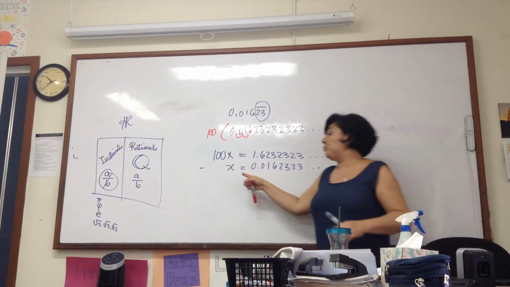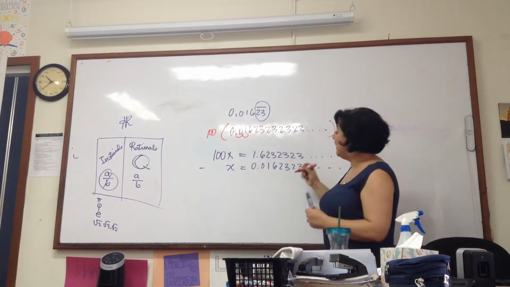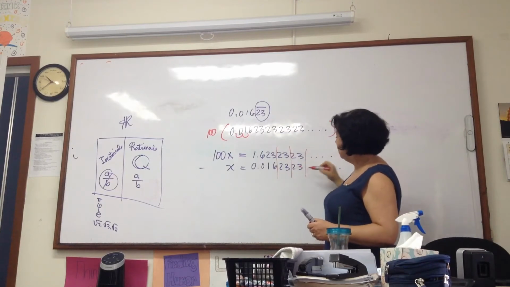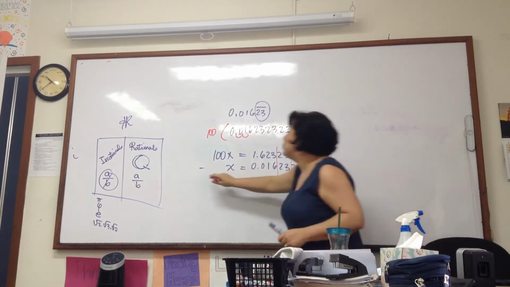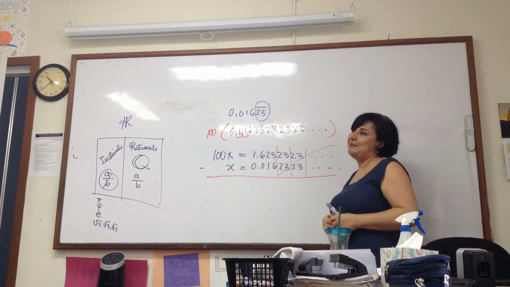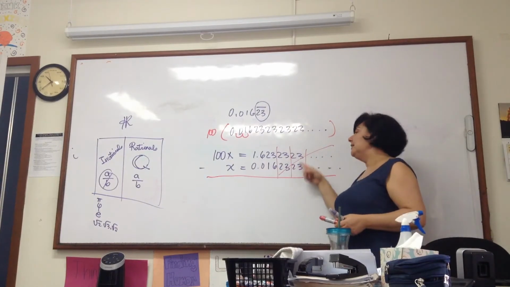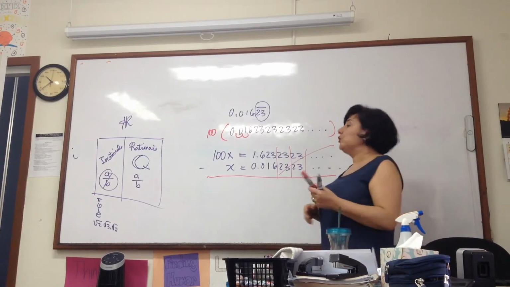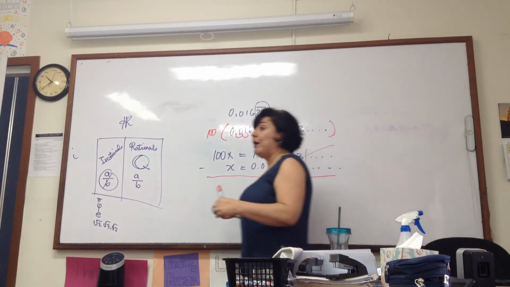When you subtract the x, you are going to align these, and that means that when you subtract them, they go away. That's why it's got to be subtracted. Because if you add them, you're going to have 46, 46, 46, and that doesn't get you anywhere. But if you subtract them, you get rid of them.